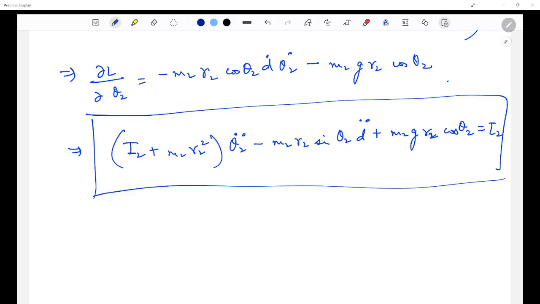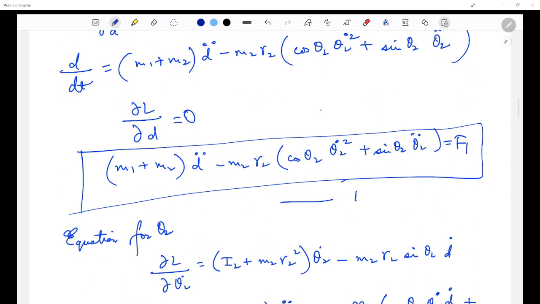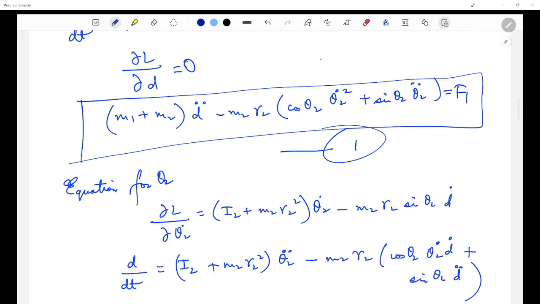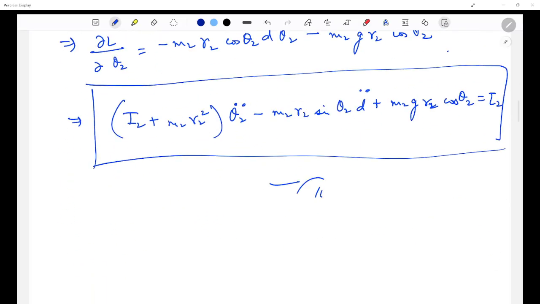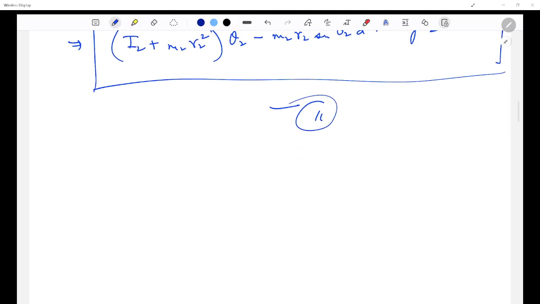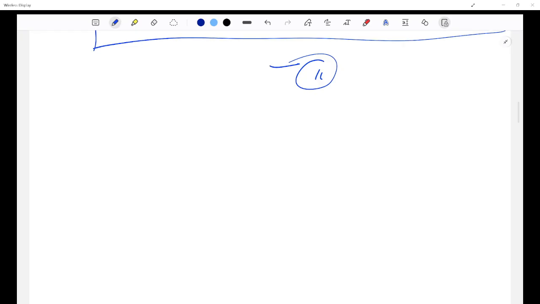So what are your final equations of motion? One of them is for the prismatic joint. This is your second equation of motion, which is for the revolute joint. Okay, so let's write it together and then we'll convert it into the matrix.